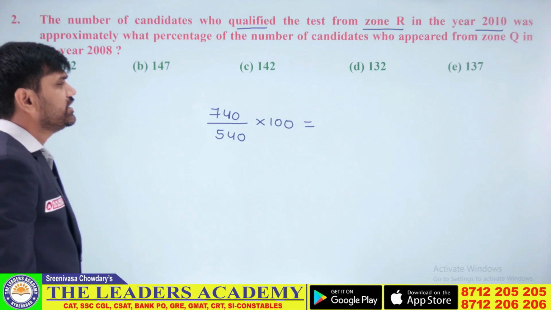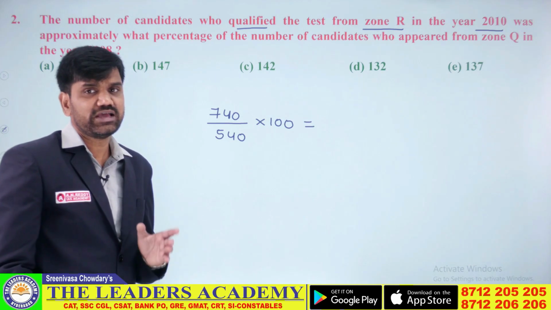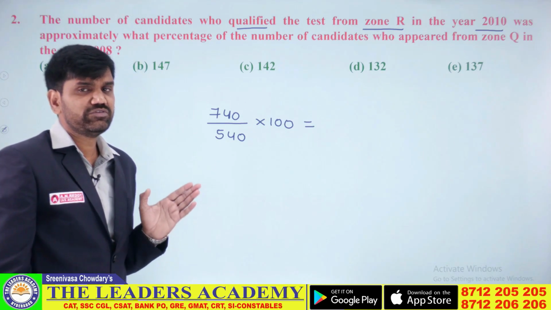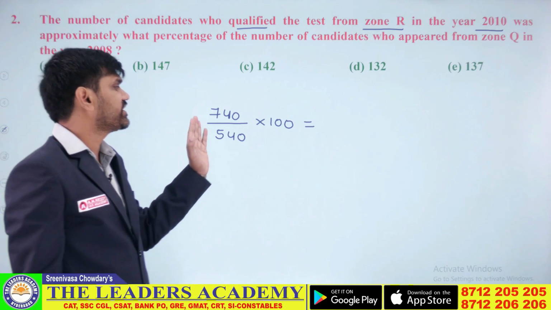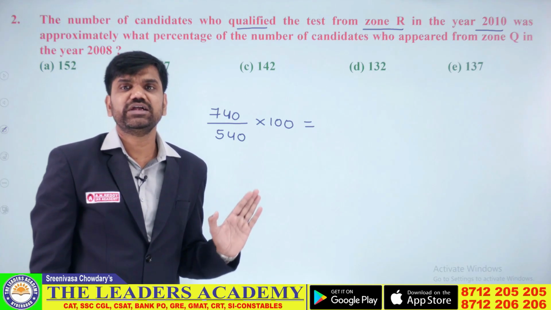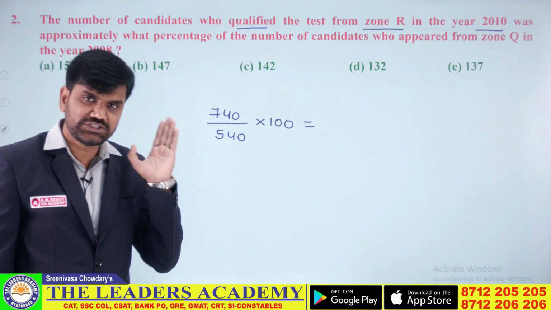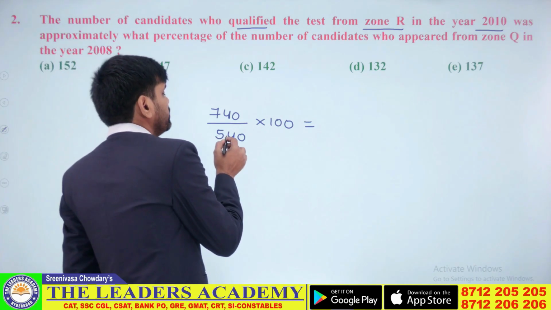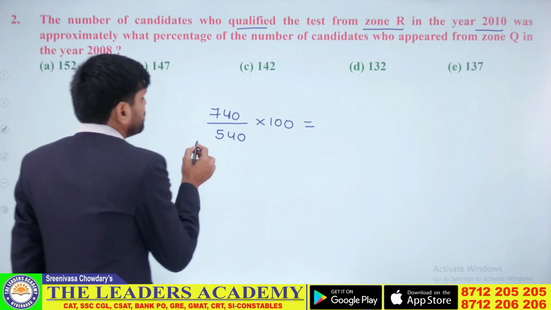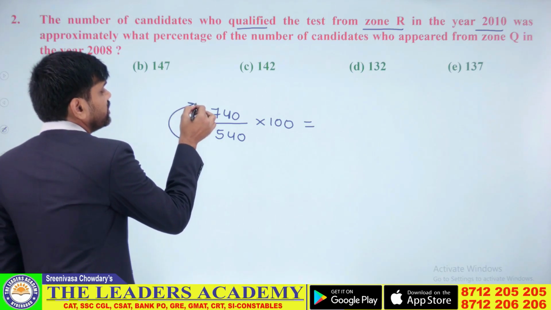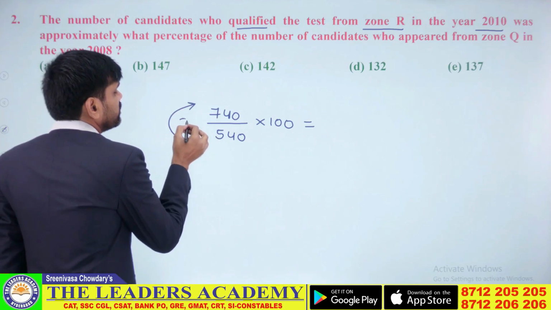Now, as I already told you in DI calculation basics, when we go for calculating, never go for cancellation here. Try to handle it directly. Now, 540 plus what will give you 740?